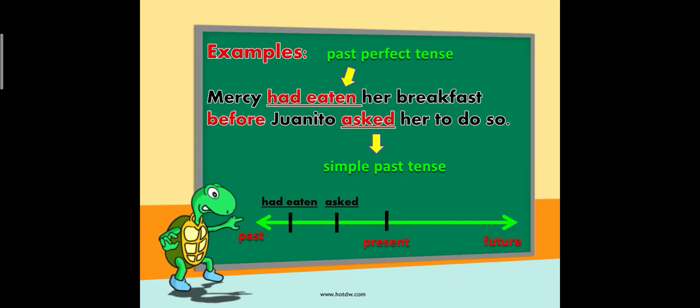Let's have this idea. If we're going to analyze the situation, had eaten happened first before the asking. That's why had eaten became the past perfect tense and asked became the simple past tense.